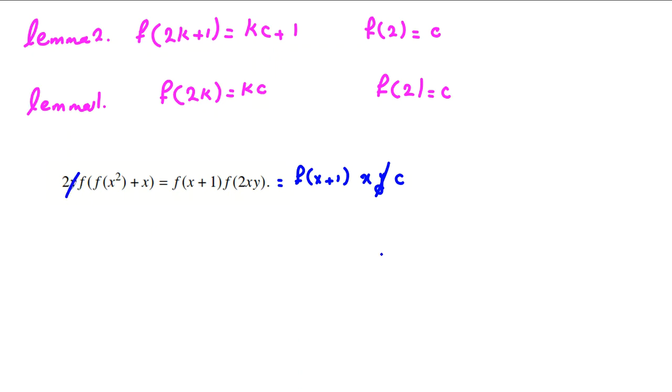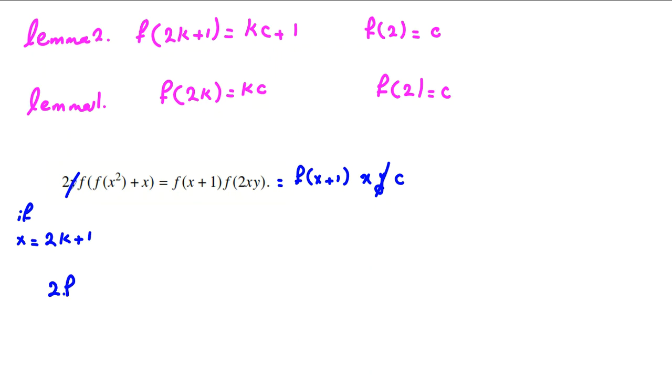Now, in this case, I want to apply lemma 2, so I should replace x with, for example, 2k plus 1. Okay, so suppose x equal to 2k plus 1.